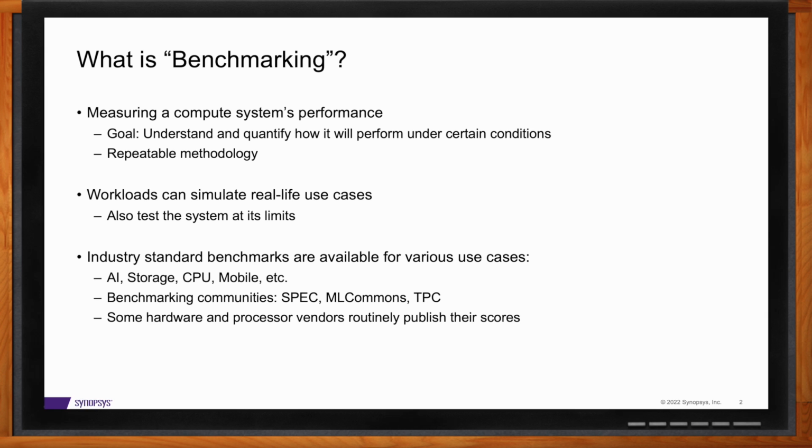And we see also benchmarks in the mobile market as well. And those benchmarks are provided by communities and organizations that specialize in building those benchmarks. So the most famous names that you may have heard are SPEC, TPC, ML Commons. One thing I want to point out also is some companies really do a lot of benchmarking, right, as they release new products. And so you may have seen some companies publishing their benchmarks.